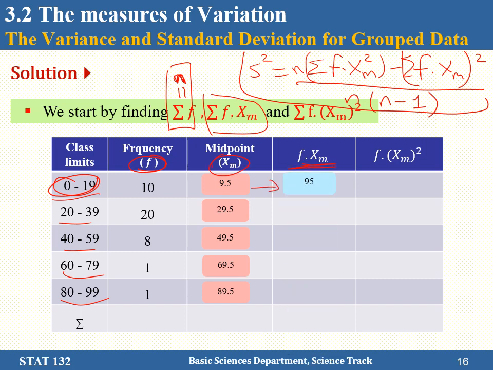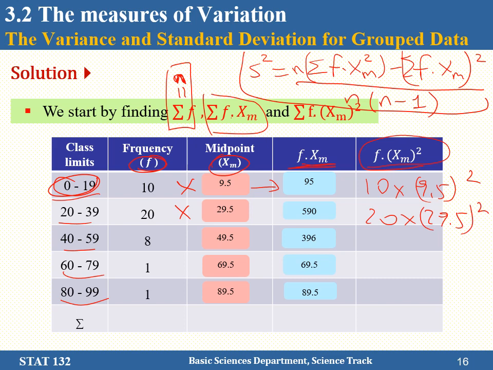It will be 95, and when you multiply them, you get the other products here. And then the next one is frequency times the midpoint squared, and the rest. Now I will give you just the numbers I found.